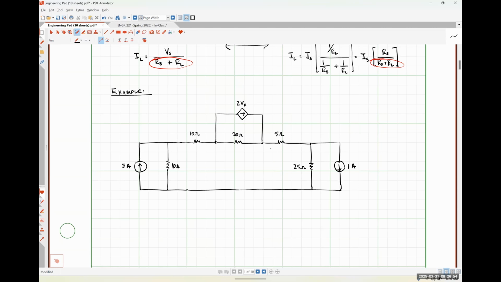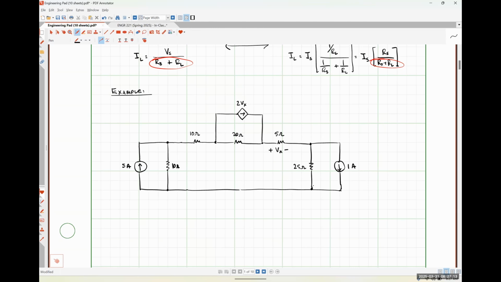I'm going to define this voltage as Vx like so. And our ultimate goal in this particular circuit is to determine that voltage Vx.